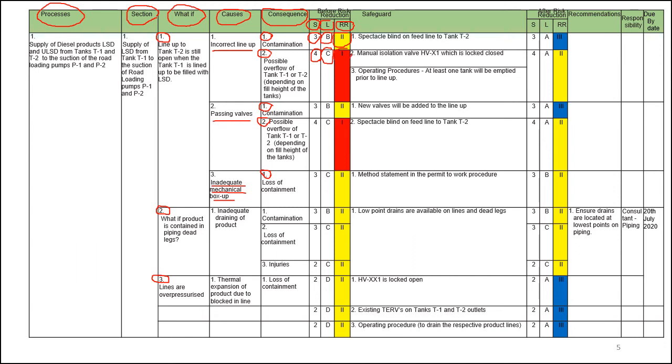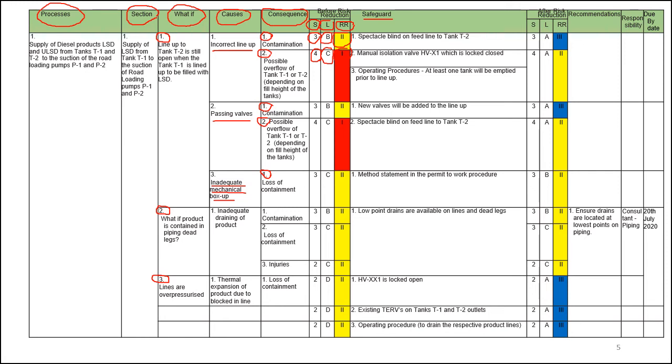And after that, we decide what inherent safeguards there are to prevent the consequences that we discussed.